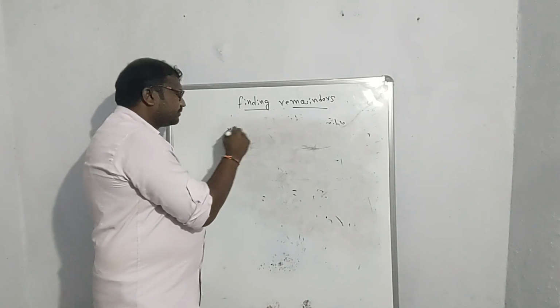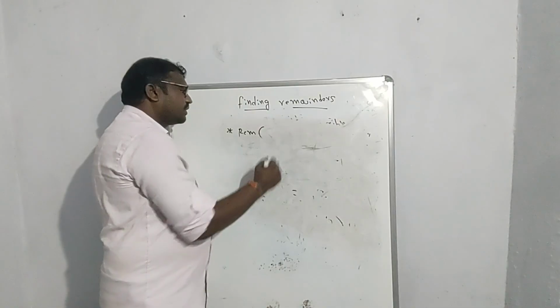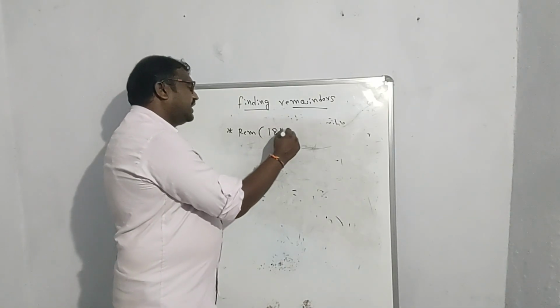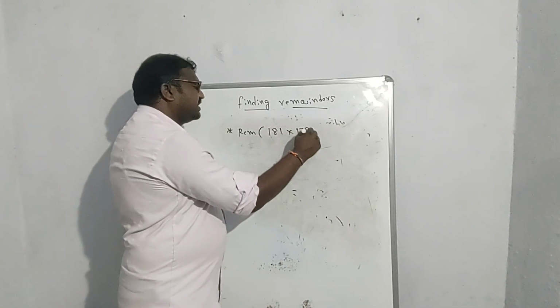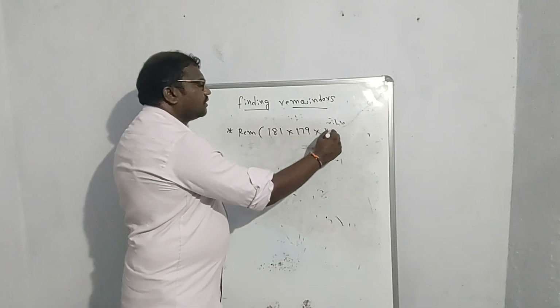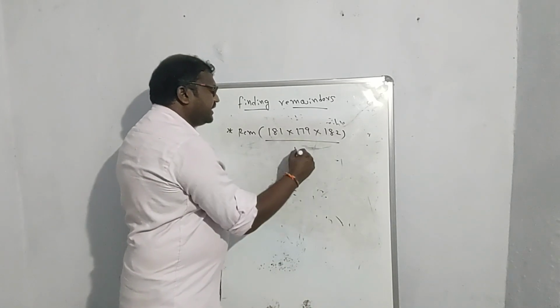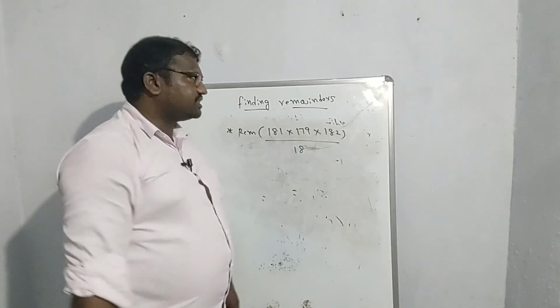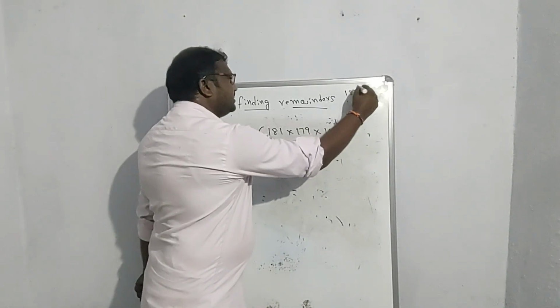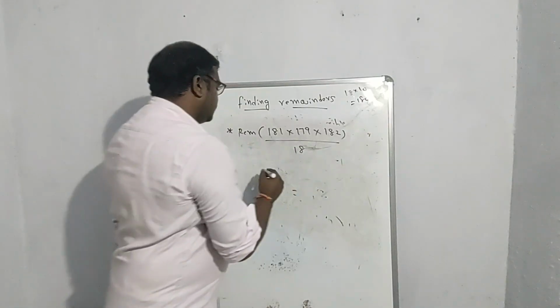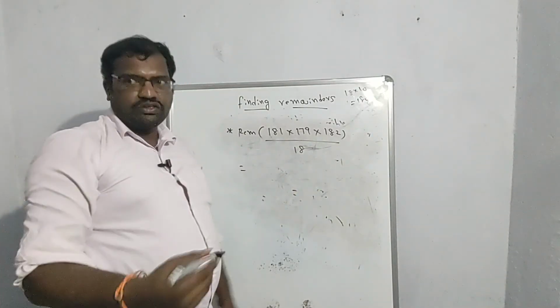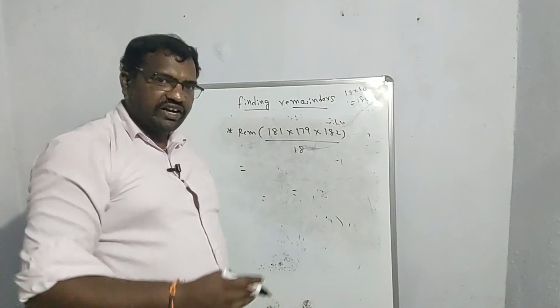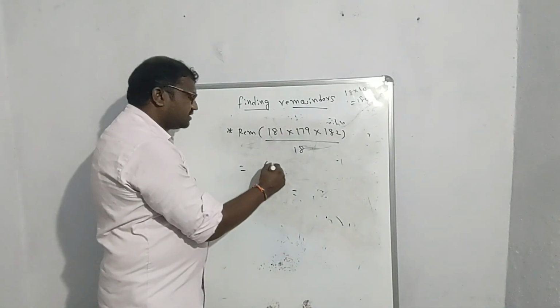The remainder of 181 times 179 times 182 divided by 18. What is the remainder? 18 times 10 equals 180. The first term is 1 more than 180, so it is plus 1.